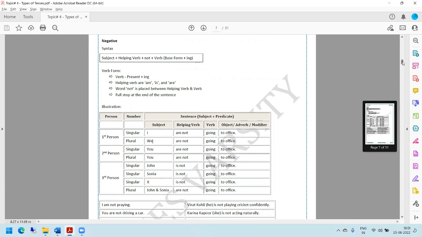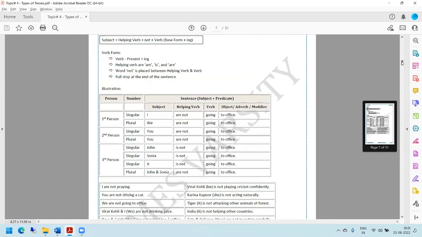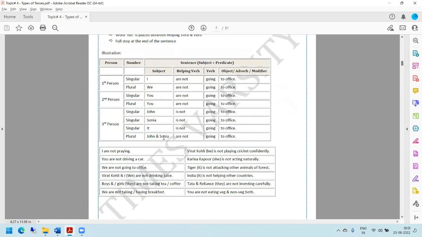So only the word not is added. That's all, no other difference. Similarly, I am not praying. You are not driving a car. We are not going to office. Virat Kohli and I are not drinking juice. Boys and girls are not taking tea or coffee. We are not taking breakfast.